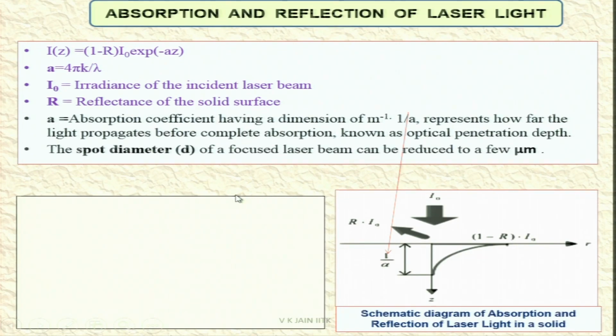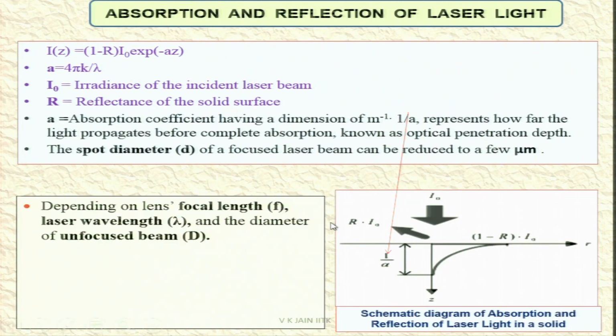The spot diameter D of a focused laser beam can be reduced to a few micrometers. Depending upon the focused laser beam diameter, you can create features of respective dimensions.